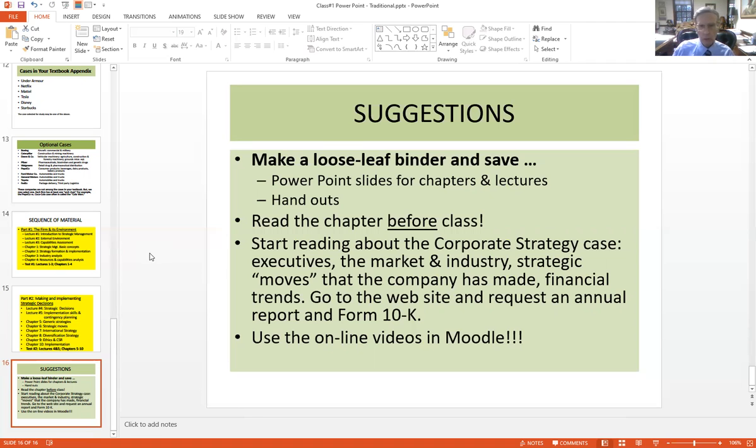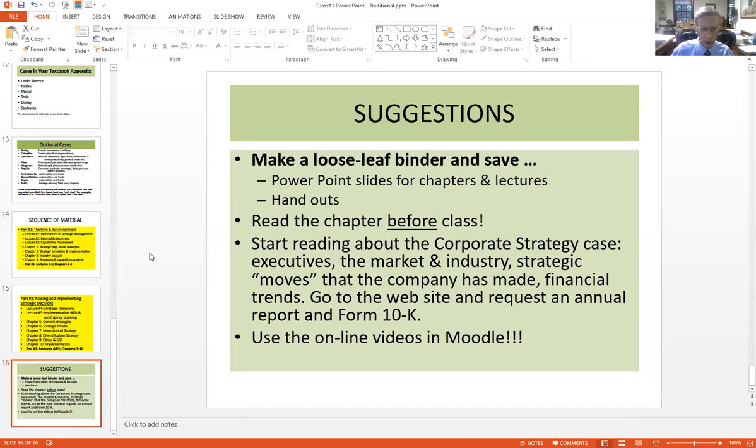But when it comes time to study for a quiz or an exam, that 3-ring binder will be gold. In addition, if you have another tab for that case, as we go through the course and as you gather information about the case, you can put it in a separate section of your binder.